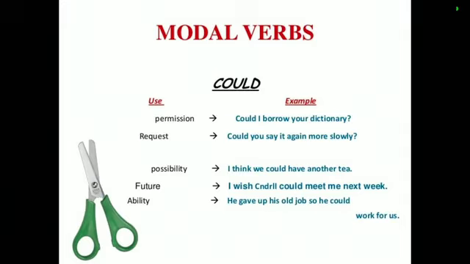So here you can see how this particular modal has been used. Now you can even use it for future also. I wish Sindril could meet me next week. Then about ability, it is also used for ability, as I already told you. Likewise, he gave up his old job so he could work for us.